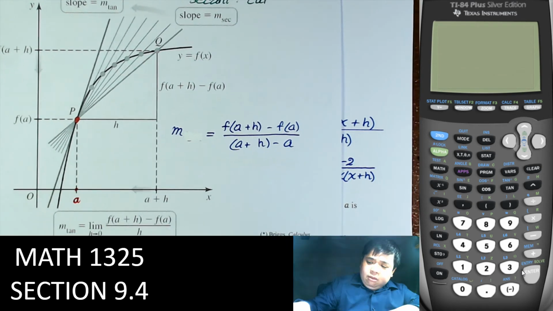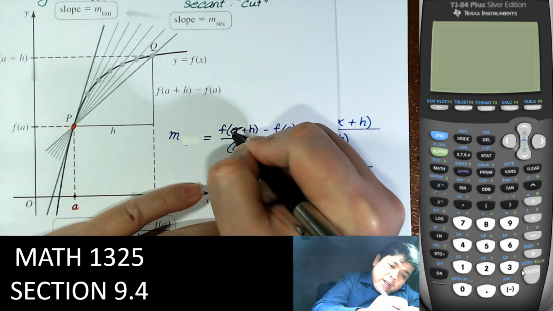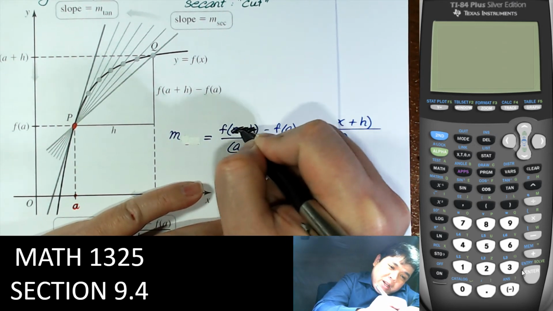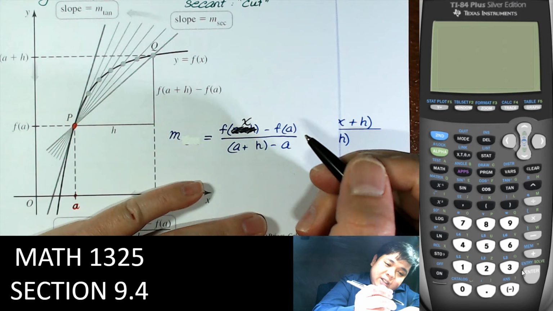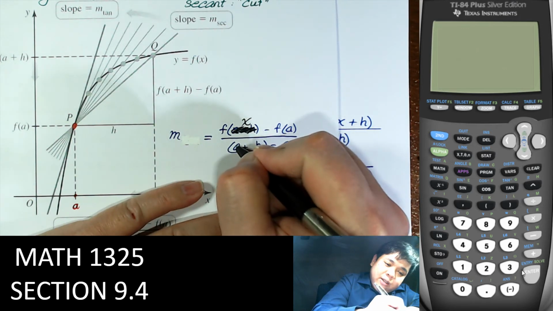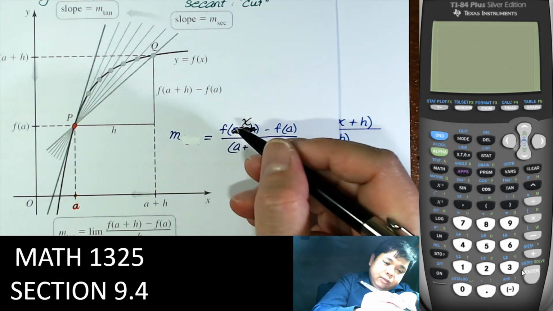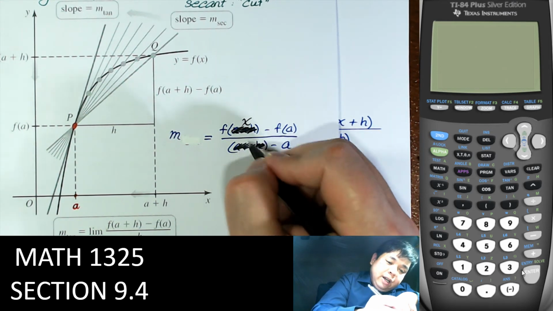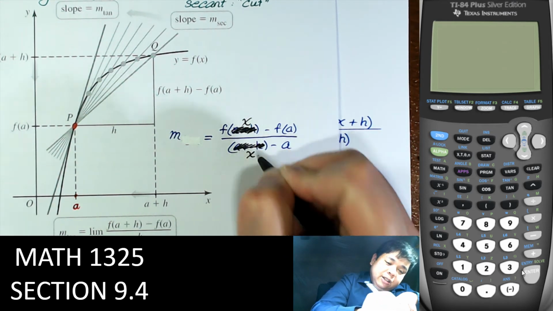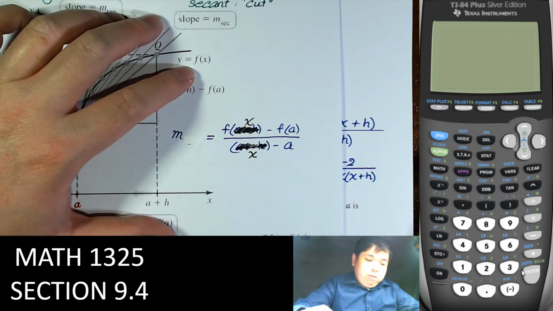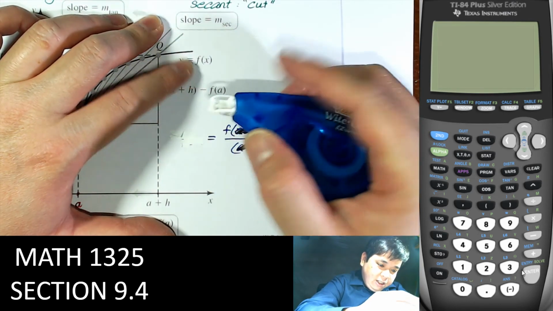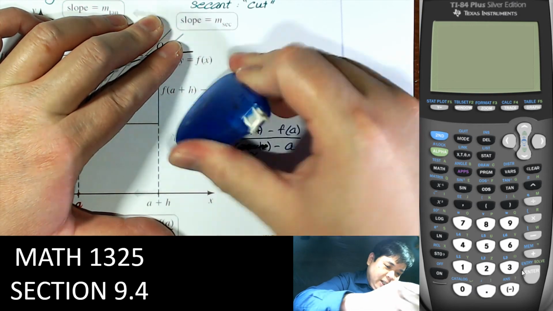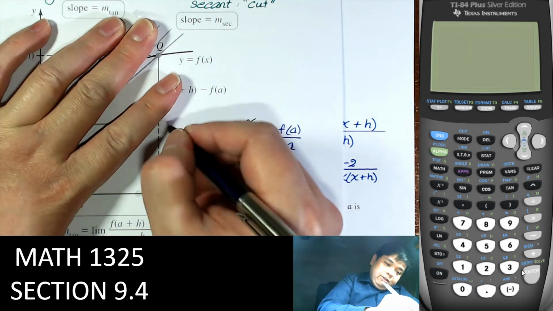Now, instead of a plus h, let's replace that by x, and this by x. And the slope of the tangent line is the derivative.